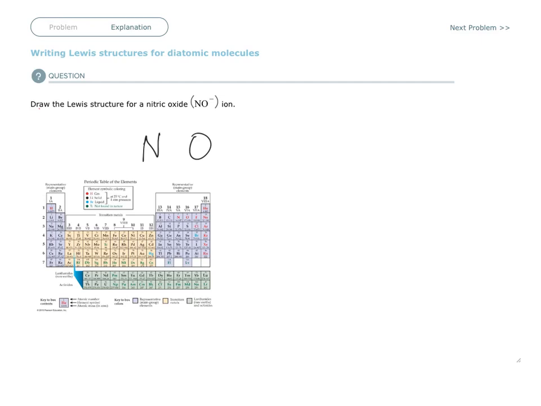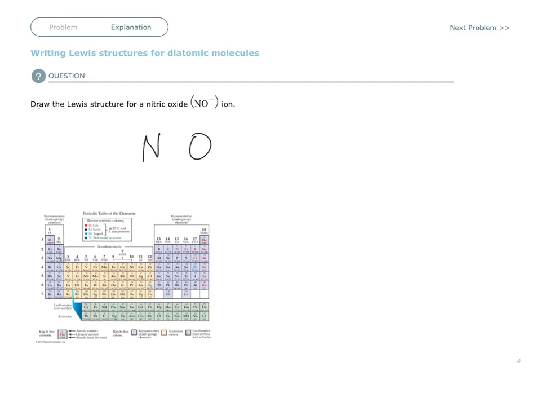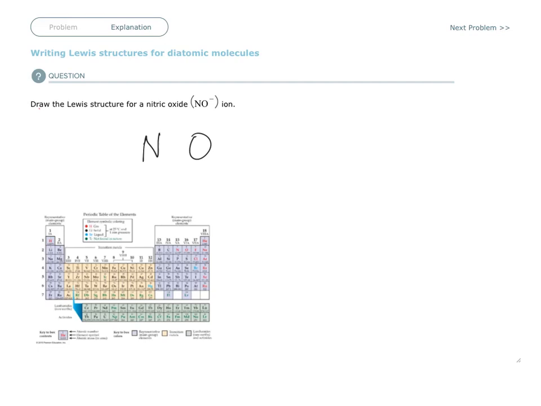Nitrogen is in group 5, so there's 5. Oxygen, there's 6. So you have 5 on nitrogen and 6 on oxygen. That's 11 valence electrons to play with, plus you've got another one because you've got the ion here, an extra. So you have 12 electrons.